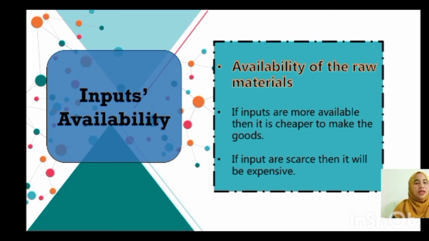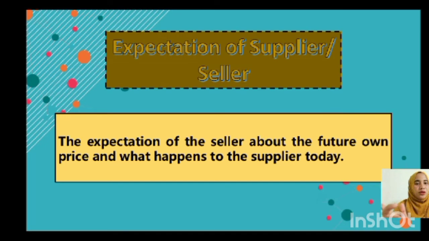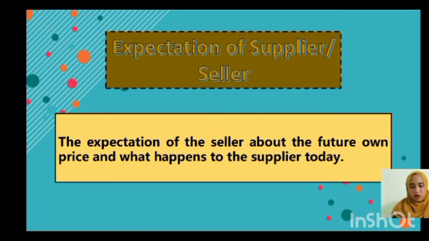So, there will be a relationship in these three. The quantity supply, the own price meaning kung magkano ibenta ng supplier ang kanyang goods, and then the non-price factors are, for abbreviation, we have the TIES: the technology, inputs, and the third one, we go to the expectation of the supplier.